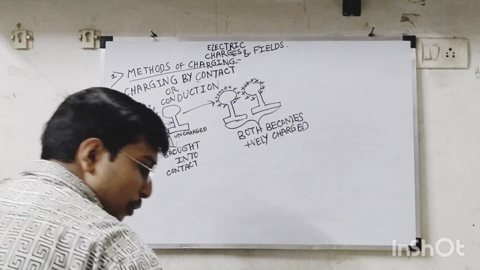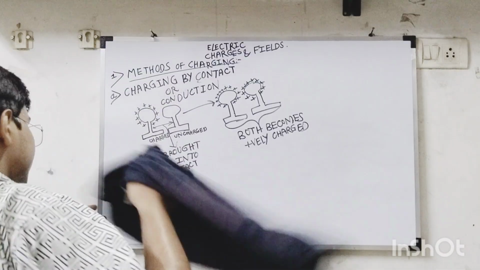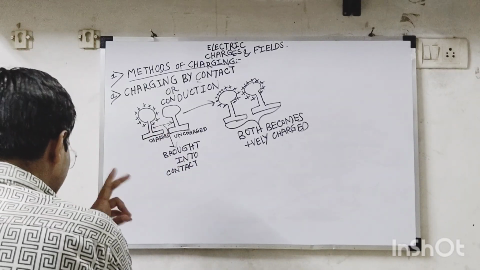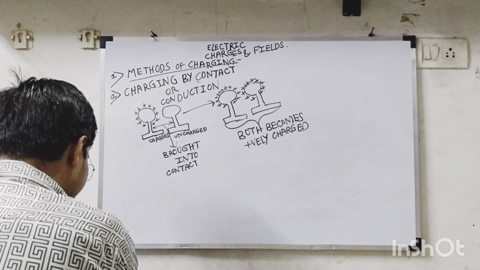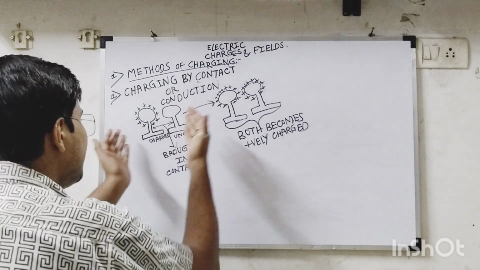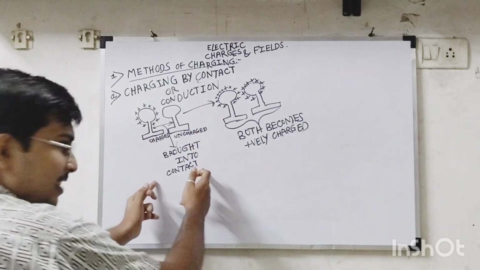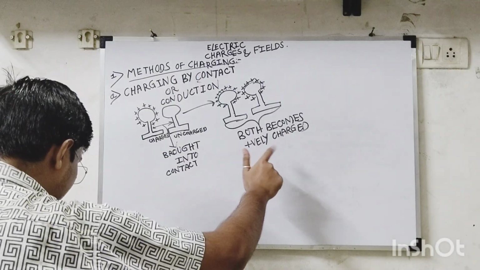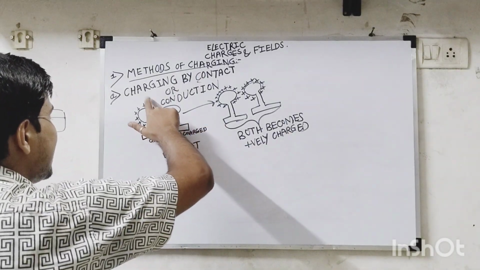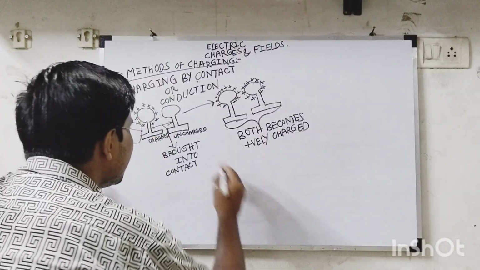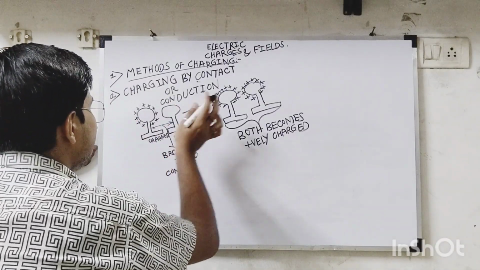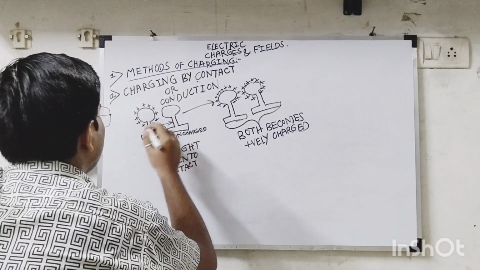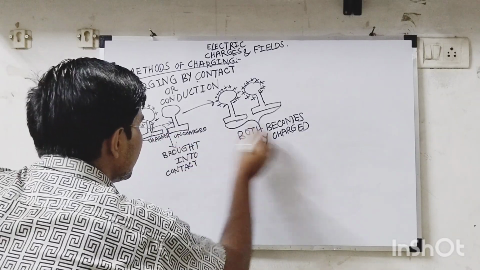Now here we come to the point. We take two conductors: one is charged and the other one is uncharged. Now we need to bring them into contact with each other. What will happen? The charge can be positive or negative, it doesn't depend. This one is positively charged.